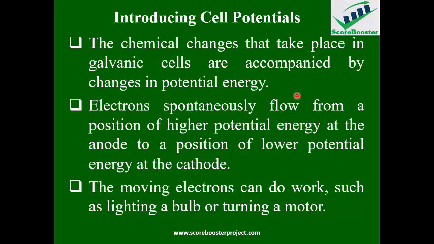As we know, there's a chemical change that takes place in a galvanic cell. These are accompanied by changes in potential energy. Don't forget, these cells convert chemical energy from the battery and from the solution of the salt into electrical energy, that is, the flow of electrons.